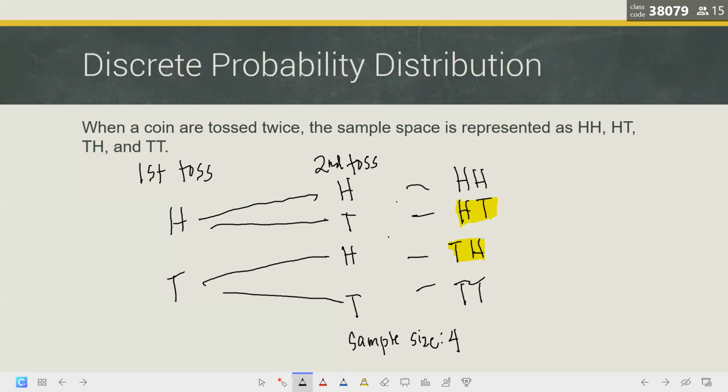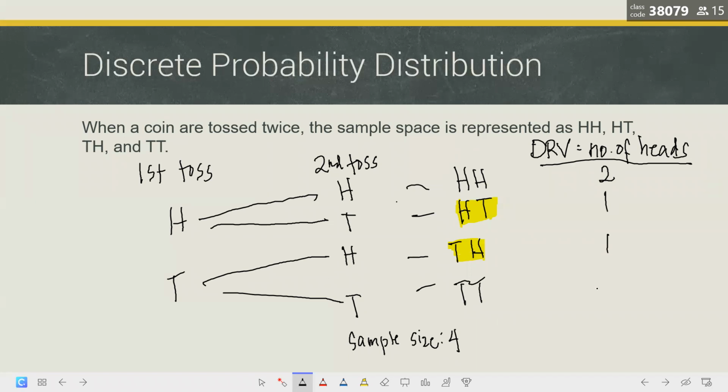Ngayon, class, ayan, assuming that our discrete random variable is number of heads. Yan yung ating discrete random variable. So we will count the number of heads. Dun sa first combination, 2 yung head. Sa second and third combination, 1 lang yung head.